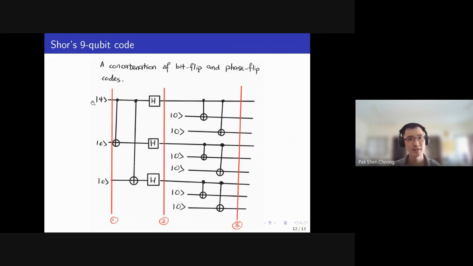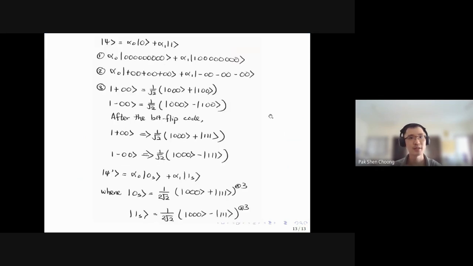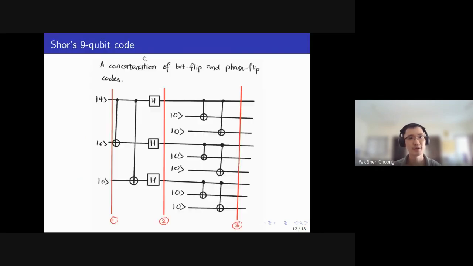You can see that this is the qubit that you want to encode, and then you prepare 9 qubits, and the first part will be your phase flip, and then the second part will be your individual bit flip. Then you can try to see what kind of qubits this Shor code will be encoded into.